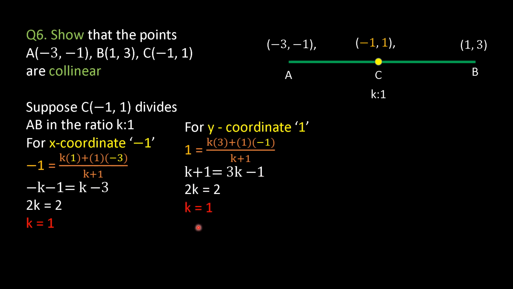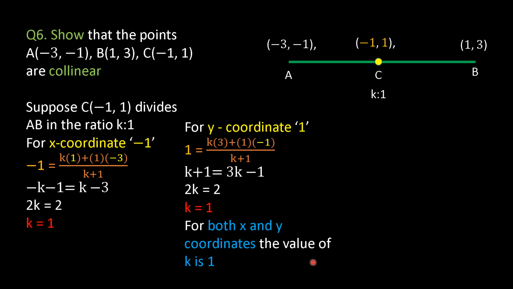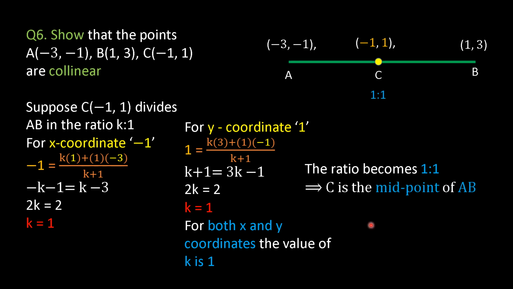So that gives us k equals 1. For both x and y coordinates, the value of k is 1. Therefore, the ratio becomes 1:1, which implies C is the midpoint of AB, which implies points A, B, C are collinear.